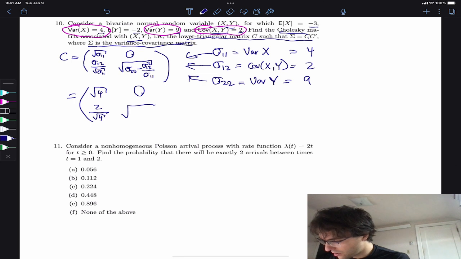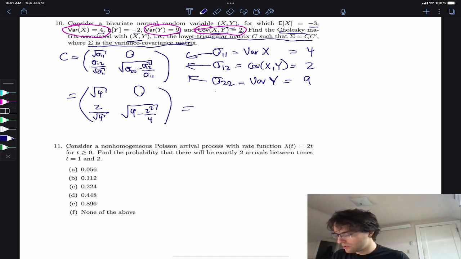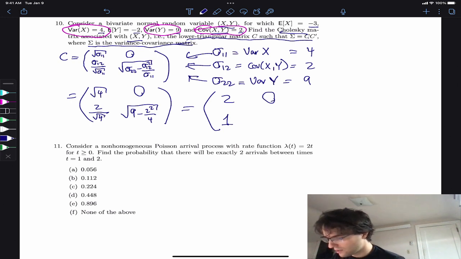Then sigma 2,2 is 9, minus sigma 1,2 squared, which is 2 squared, divided by sigma 1,1, which is 4. If you simplify, the first entry is 2, the next is 1, this is still 0, and the last one, 9 minus 4 over 4 is 8, so that's square root of 8.